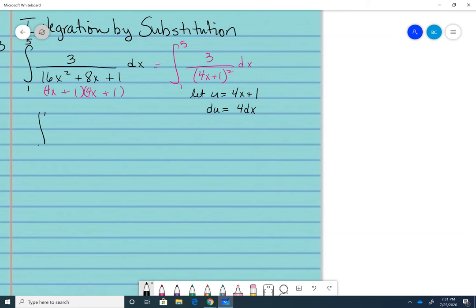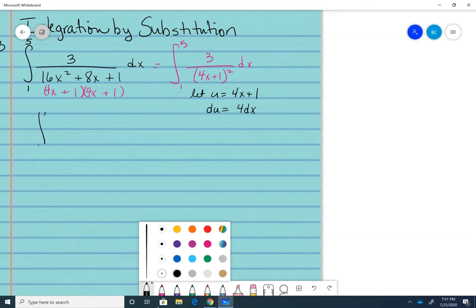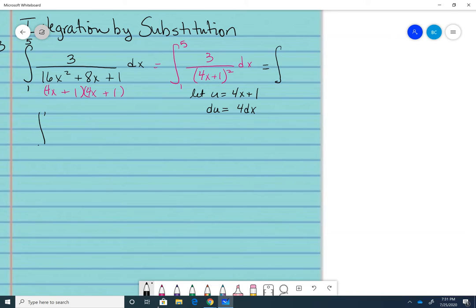Okay, so I don't have 4 dx. I actually have 3 dx. That's a little bit strange. So remember that we can always take that constant out front.